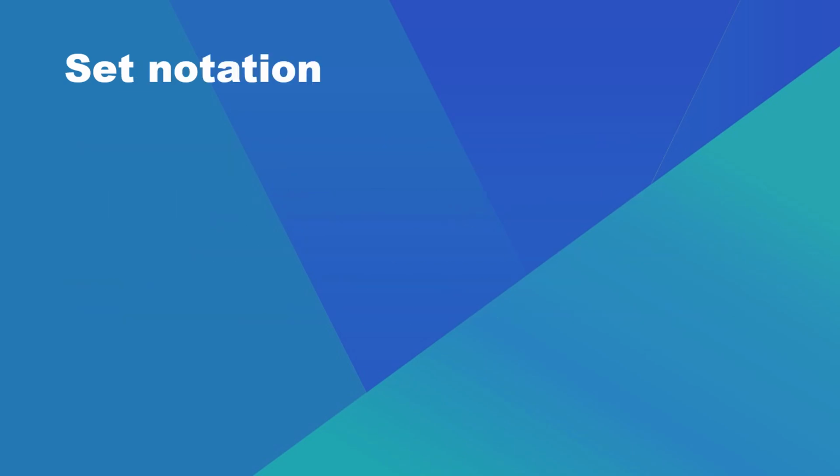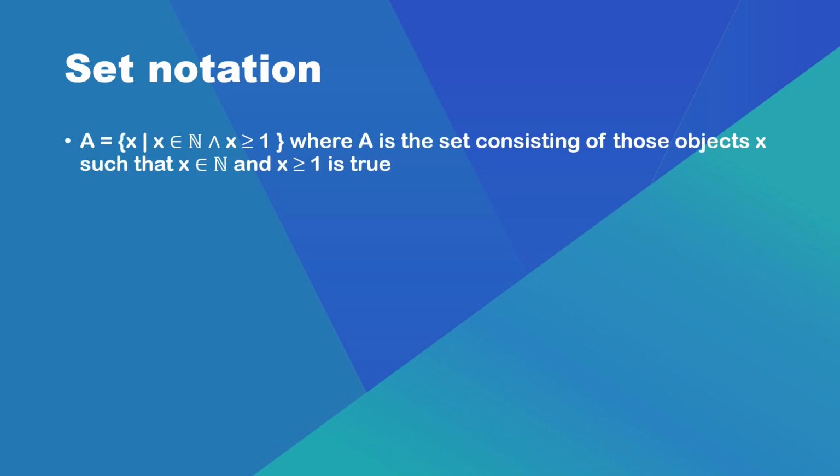Let's take a look at that example of set notation from the last slide in a bit more detail. This here means set A is comprised of elements x, where x is a part of the set of natural numbers, and x is greater than or equal to 1.